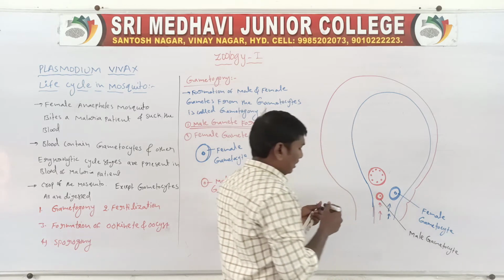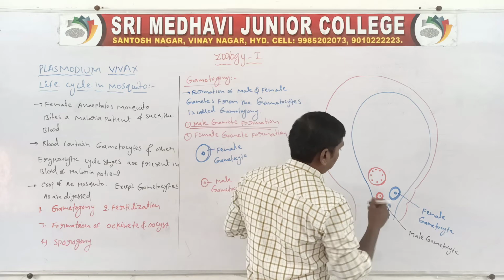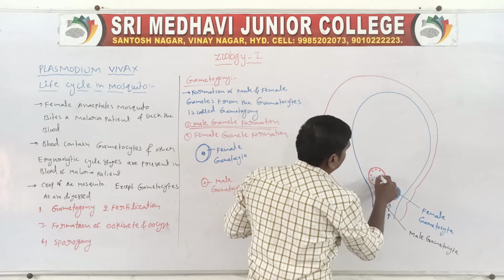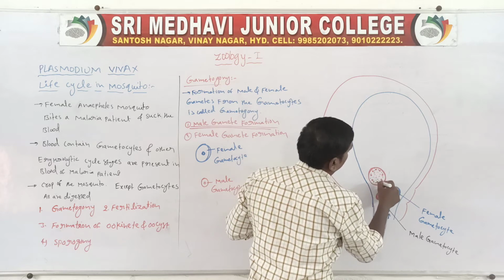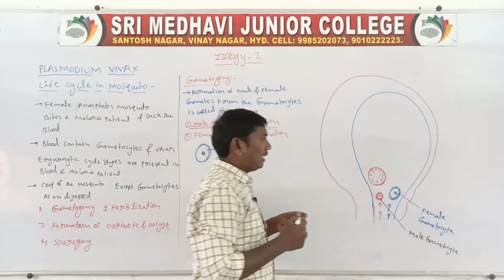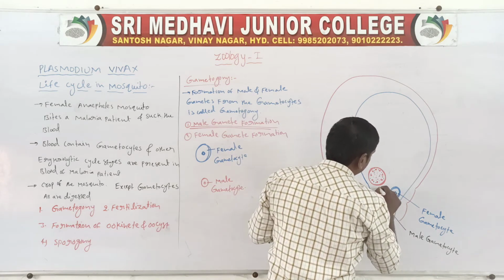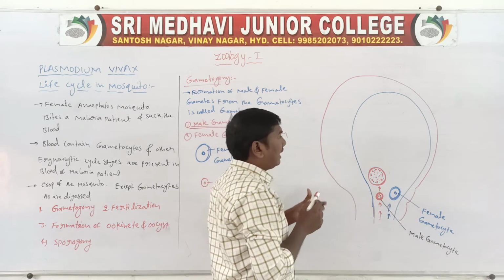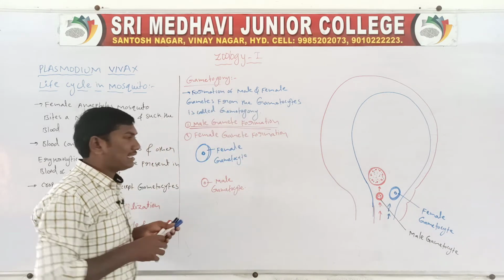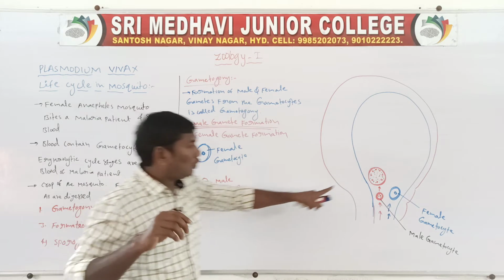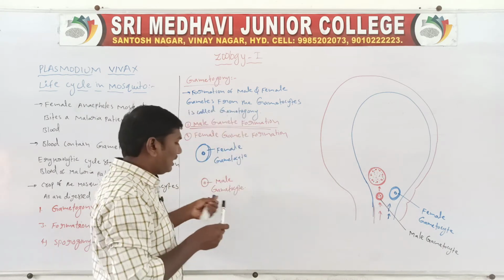Next, these 8 daughter nuclei are present in the cytoplasm. Then the 8 daughter nuclei form flagella-like structures, and the cytoplasm is pushed outside.